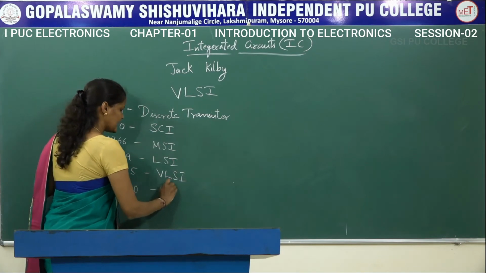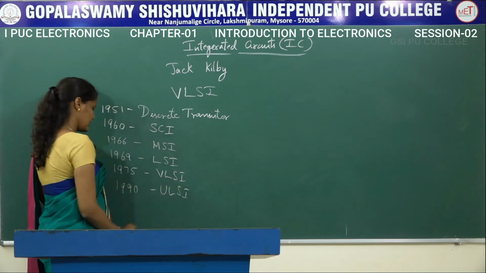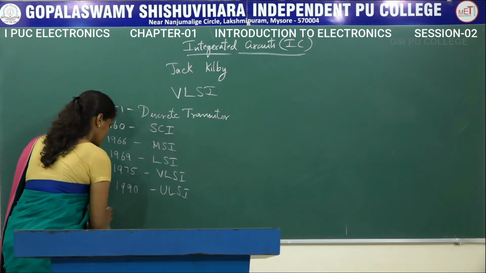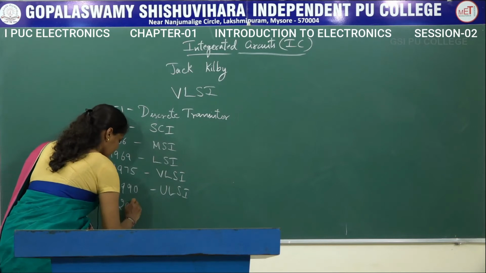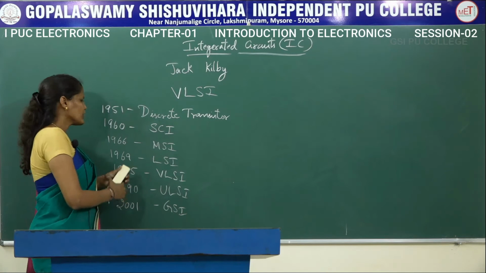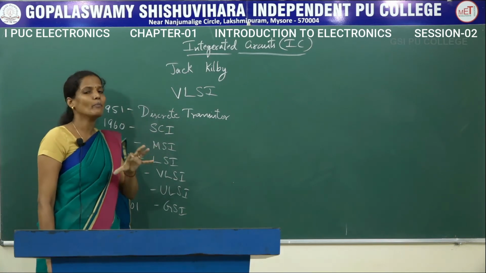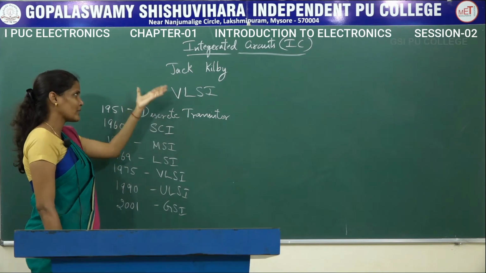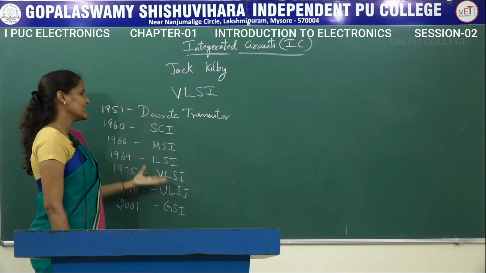In 1990, ultra large scale integration, and in the year 2001 giant scale integration was produced. Depending upon the number of components we place on a single silicon wafer, we classify these ICs in this manner.